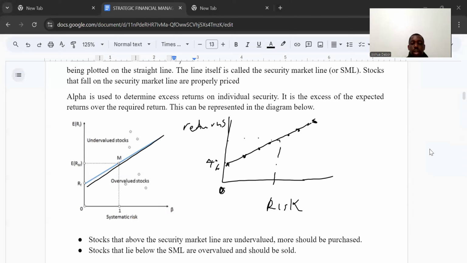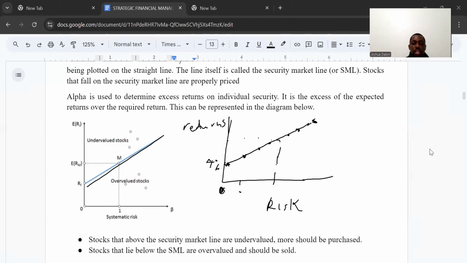So at zero risk, the return should be what? 4%. Your beta should be your risk. Okay, this is zero risk.